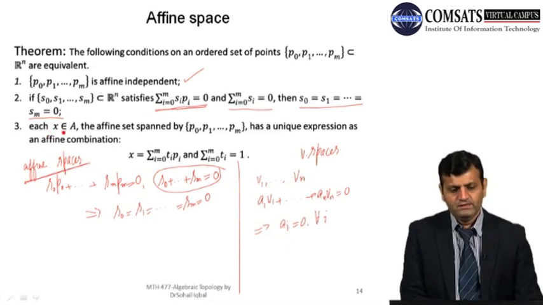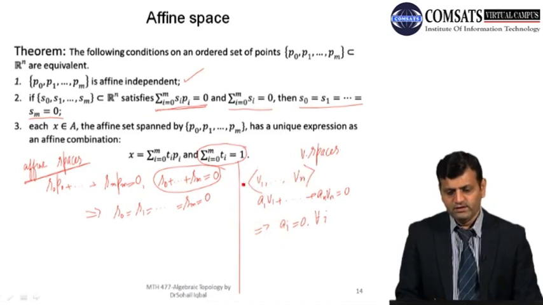Similarly, for each x belonging to A, the affine set spanned by these points, x has a unique expression as an affine combination, x is equal to summation ti pi, where the summation of ti is equal to 1. In the vector space case, if we have a subspace spanned by these vectors and take some element, say another vector w, then w can be written as a unique combination alpha 1 v1 up to so on plus alpha n vn.